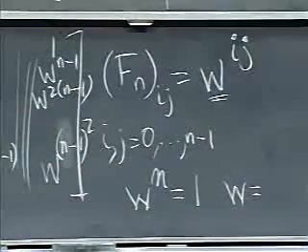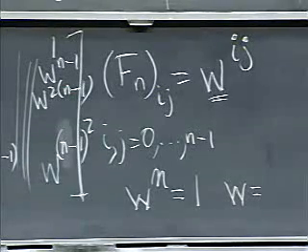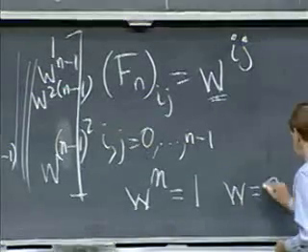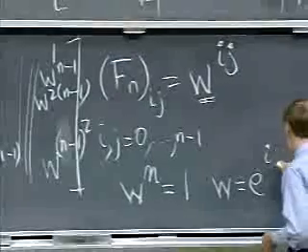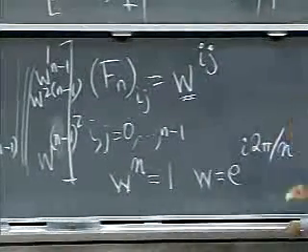Is that what I mean? N over 2 pi? No, 2 pi over n. w is e to the i, and the angle is 2 pi over n.